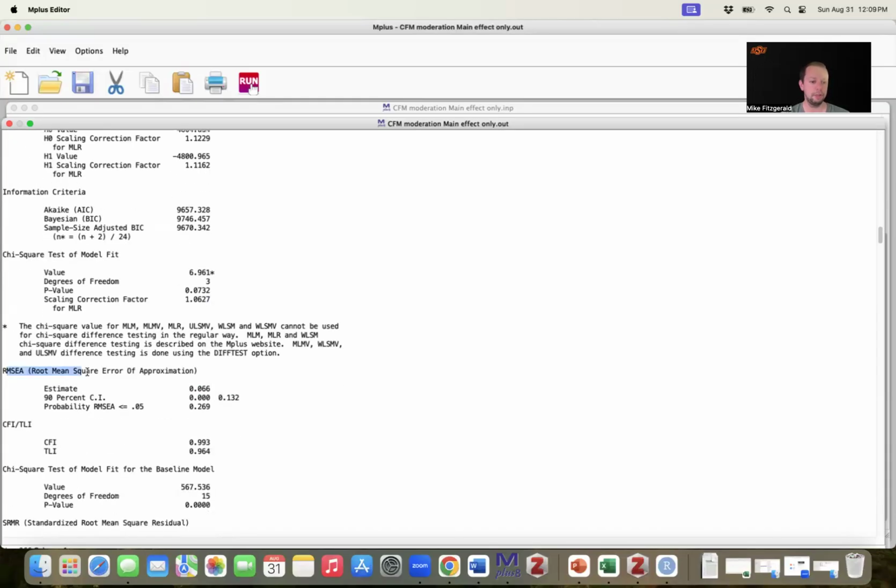So we'll scroll down to the RMSEA. We can kind of ignore the RMSEA in this example. The RMSEA performs quite poorly when there are few degrees of freedom in the model. Generally when there's less than 10, but even less than 15, the RMSEA is biased. So the more degrees of freedom that you have, the more weight you should put on the RMSEA.